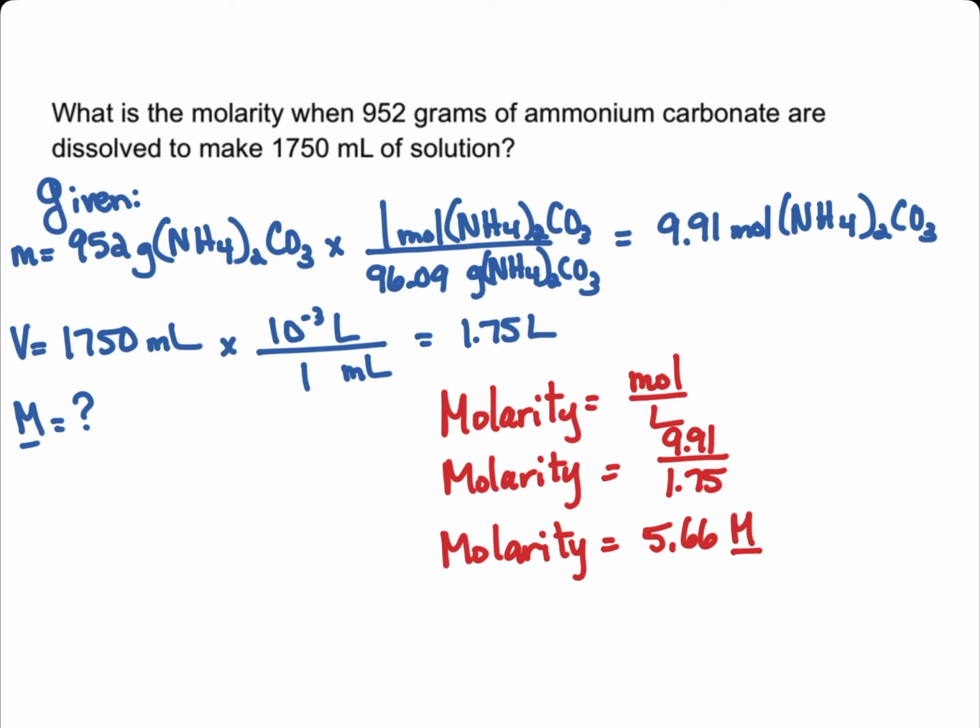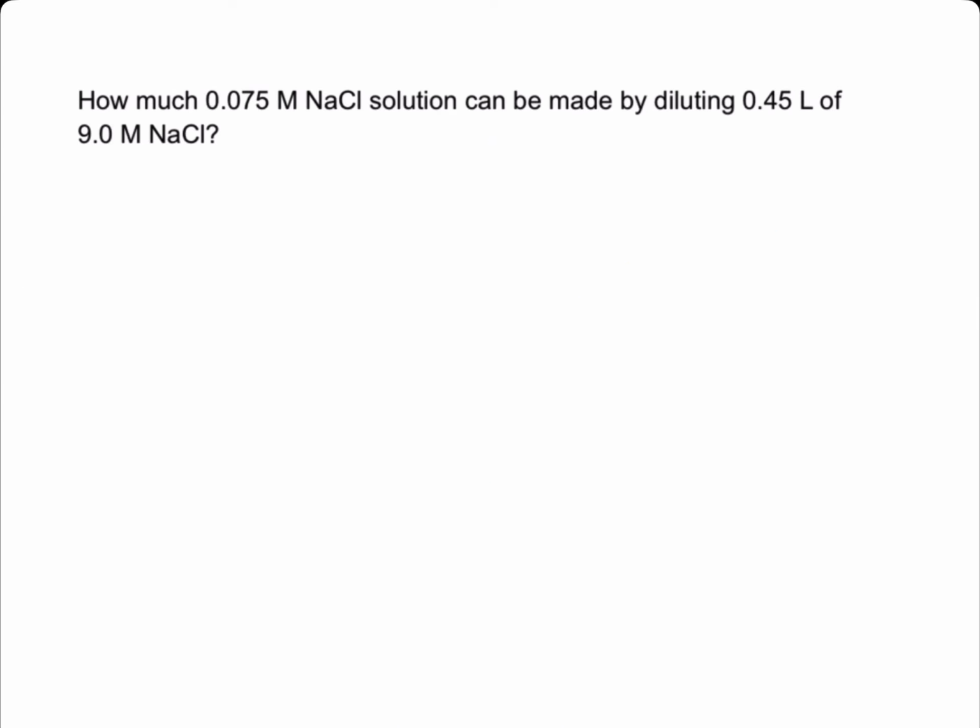Let's take a look at another example. How much 0.075 molar sodium chloride solution can be made by diluting 0.45 liters of a 9.0 molar sodium chloride solution? I'm going to start off with my given.